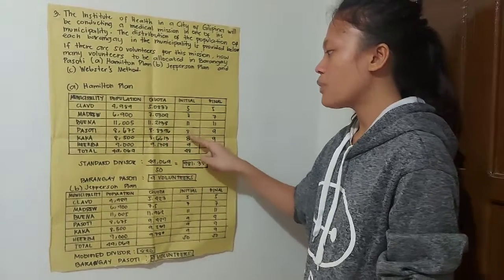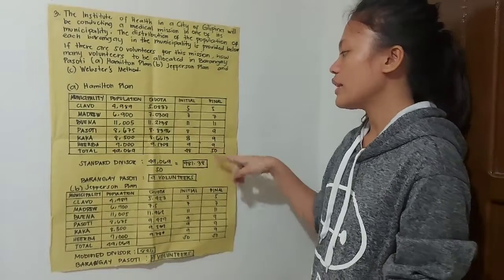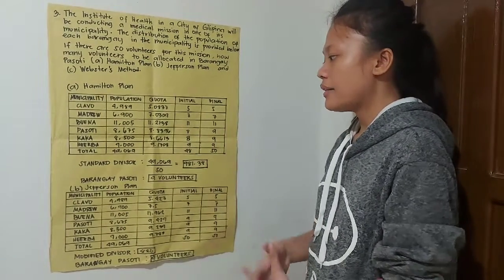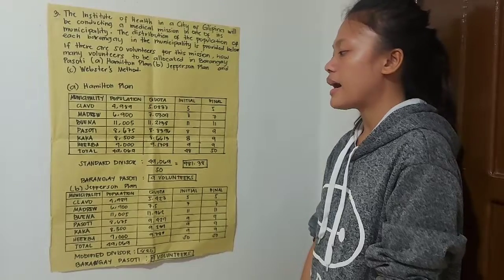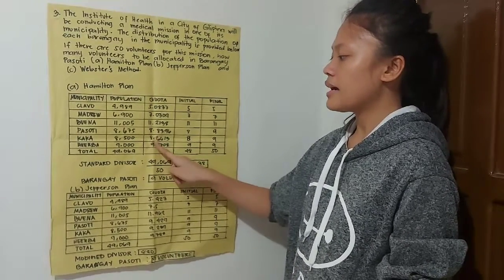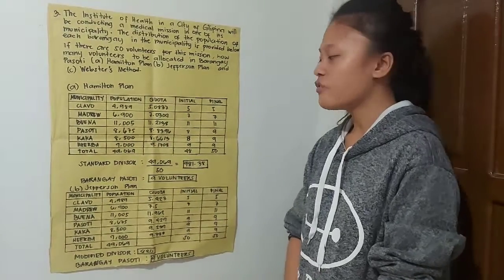So we have to add 1 to our initial number, so that we can have our 9. And now the next one is the Caca. This municipality also has a high decimal in its quota, so we need to also add 1 volunteer for them.